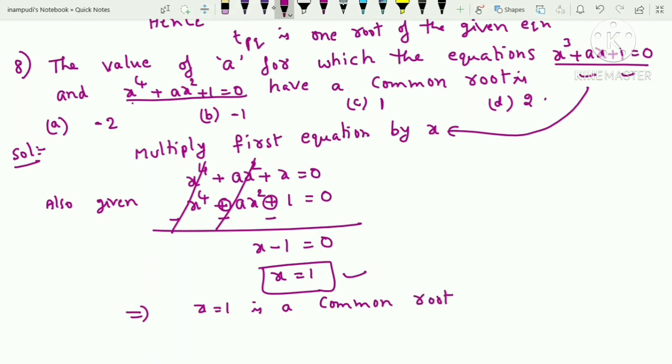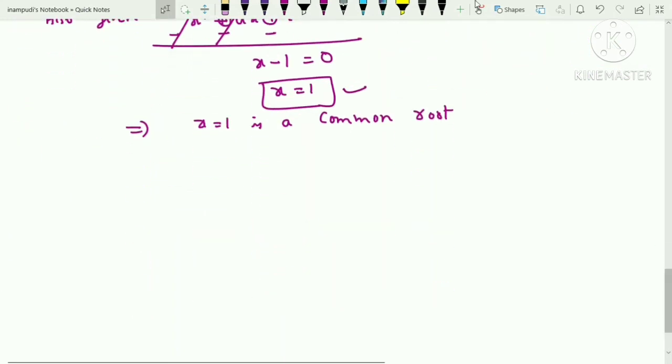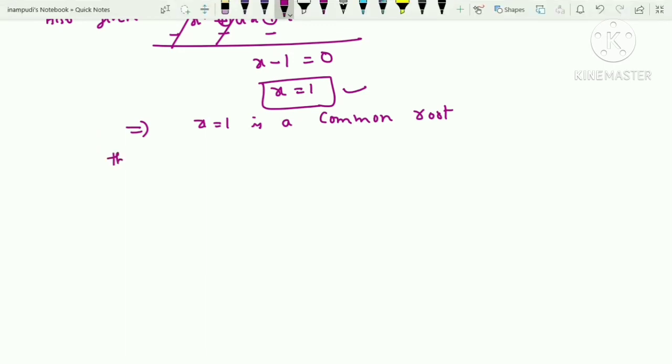Therefore, x equal to 1 is a common root. Then take the second equation, x power 4 plus ax square plus 1 equal to 0.